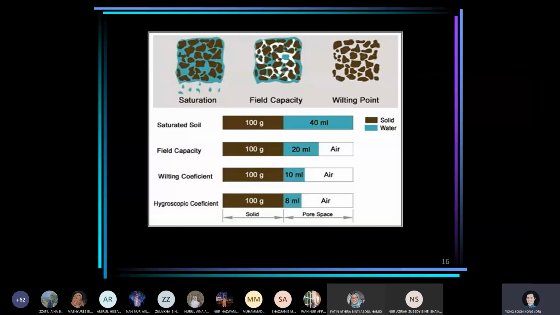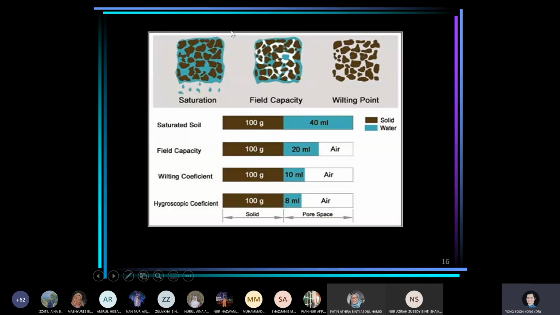And because of that, you have macropore. Remember, macropore is very big, and therefore they will have gravitational water. Gravitational water is not held strongly by capillary force, and therefore it falls down. So usually at saturation, you have all types of water: adhesion water, cohesion water, plus gravitational water.